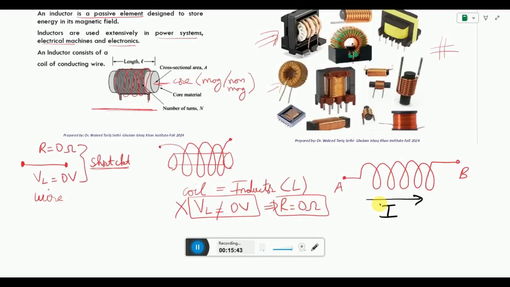We know according to Hans Oersted's principle, and later on it was refined by Ampere's law, that a magnetic field is going to be produced around these coils. So if the current enters this first coil, it is producing its own magnetic field. Then this current keeps on moving, it is going to go to the second, and this is going to produce its own magnetic field. Similarly, when the current enters the third coil, it's producing its own magnetic field.